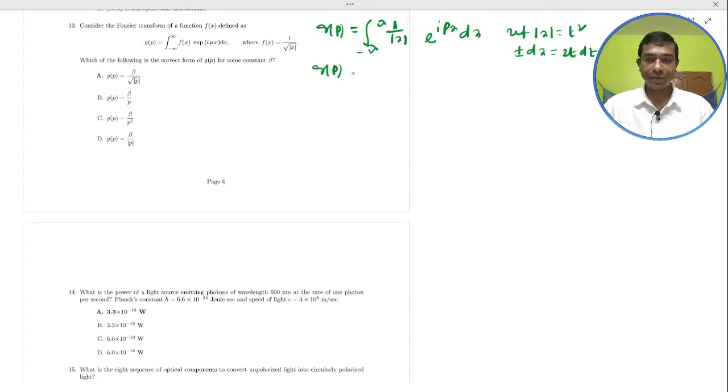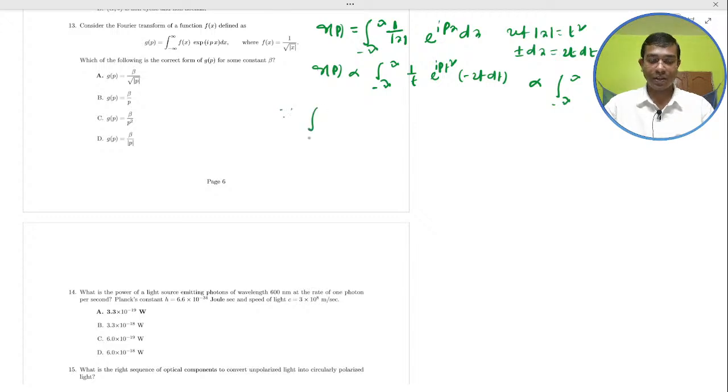So g(p) is proportional to integration minus infinity to infinity 1 by t e to the power ipt square. Put this value, minus twice t dt, is proportional to integral minus infinity to infinity e to the power ipt square dt. Okay.